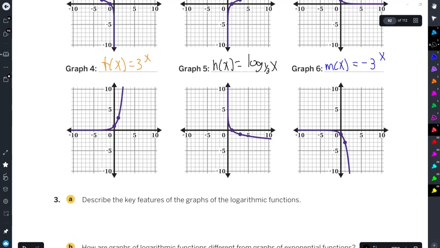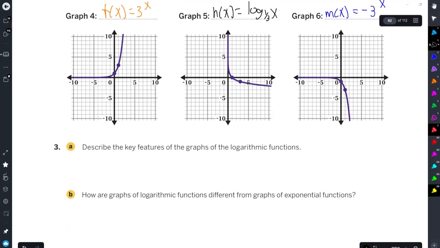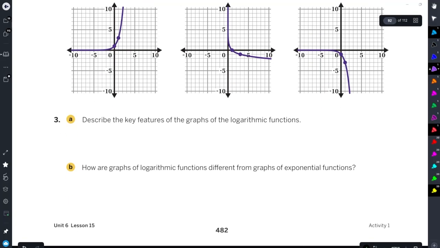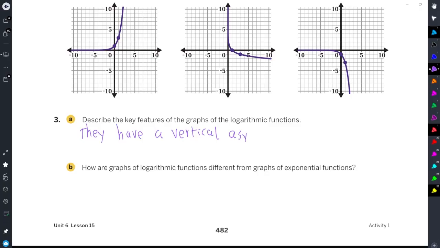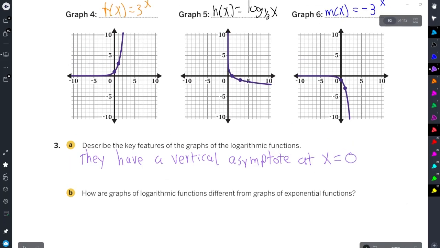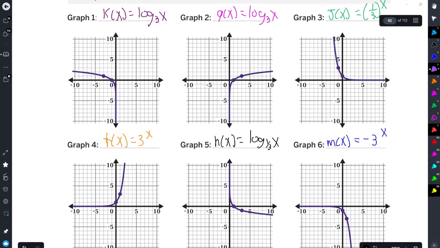So describe some key features of graphs of logarithmic functions. So they have a vertical asymptote at x equals 0. Right? All of these log graphs, you see that there's like an invisible line here at x equals 0.